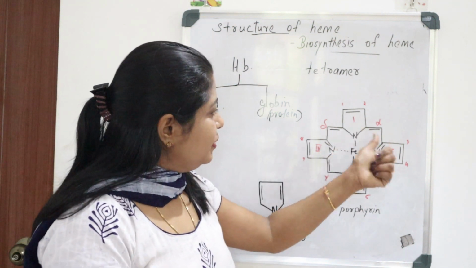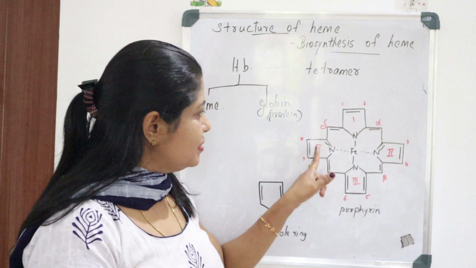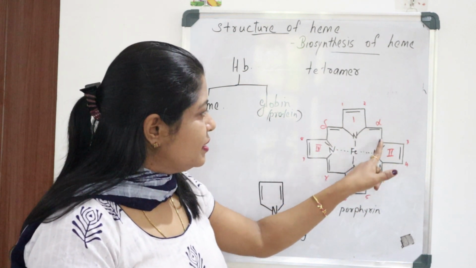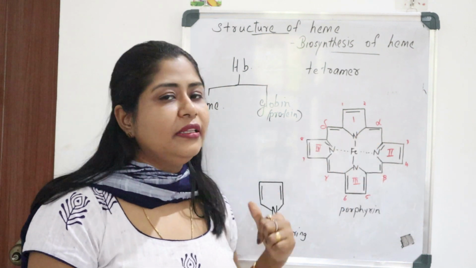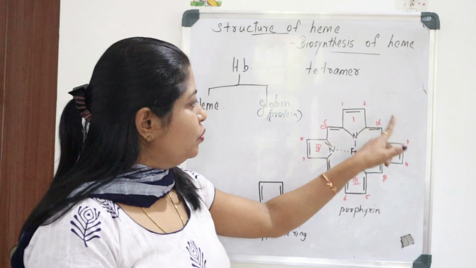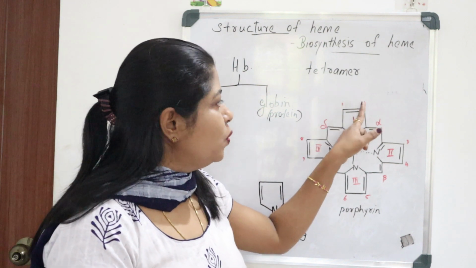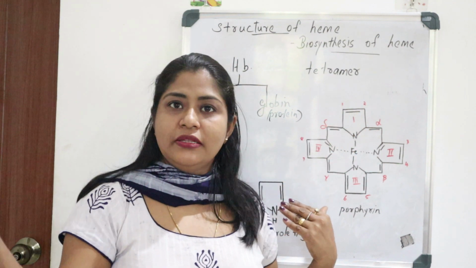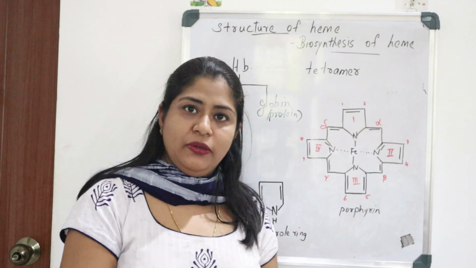Now see, 1, 2, 3, 4, all these rings are the pyrrole rings, and they are joined by alpha, beta, gamma, delta, the methenyl bridges. And we can see 1, 2, 3, 4, 5, 6, 7, 8 positions where it can bind to other substituent groups.